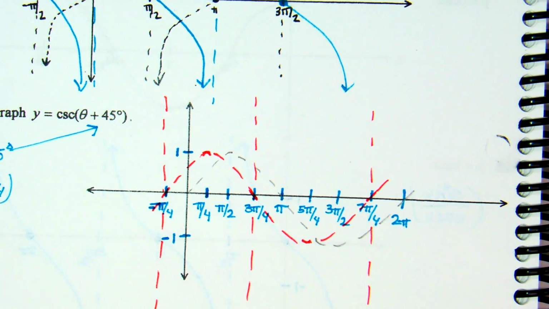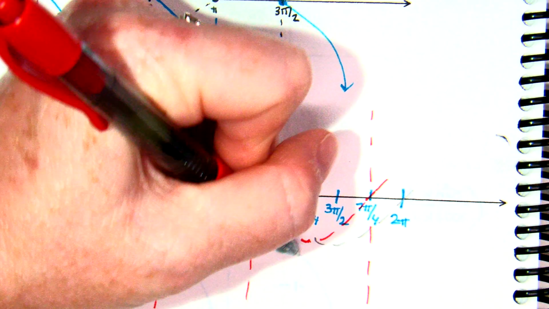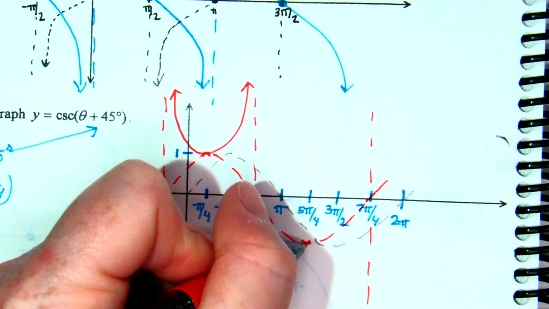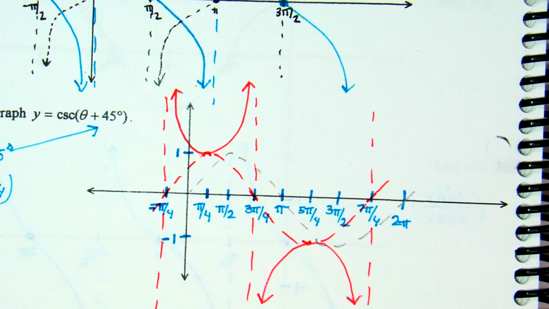Flip the graph. So it looks something like that. Okay, got it?